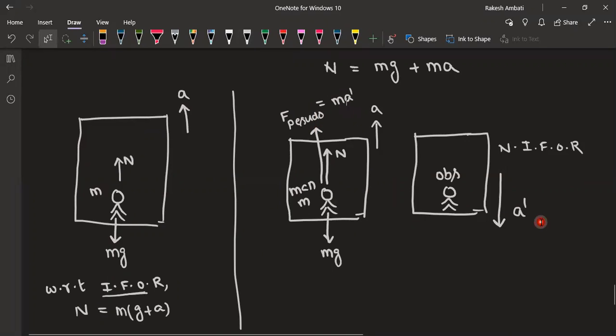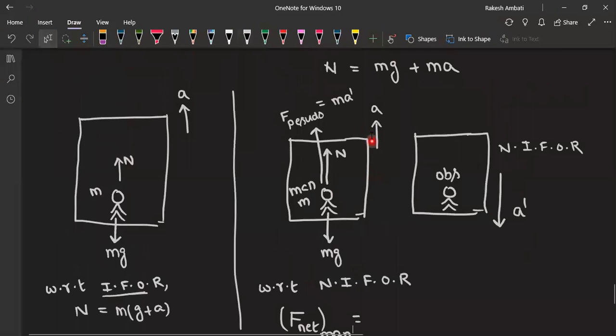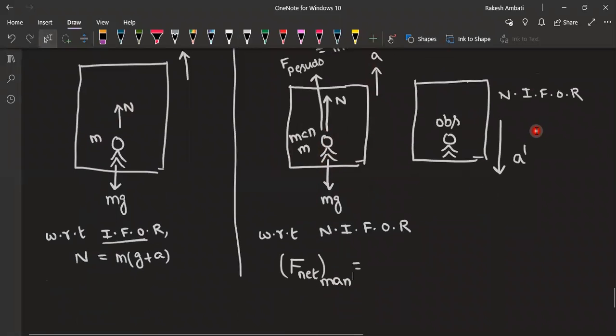Right on. With respect to the non-inertial frame of reference, we are finding the resultant force acting on the man, and the man is moving upwards. Now you please answer. What is the resultant force acting on the man? Pseudo force minus mg. Perfect.